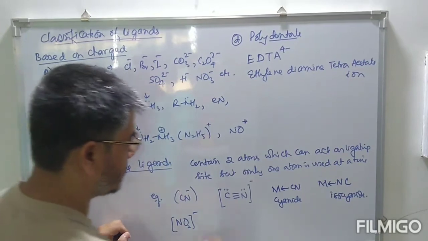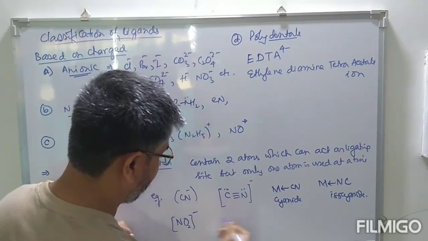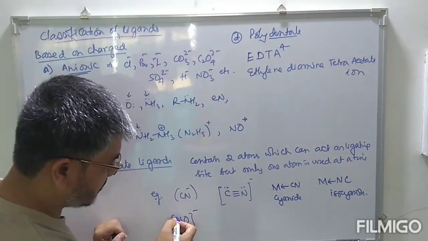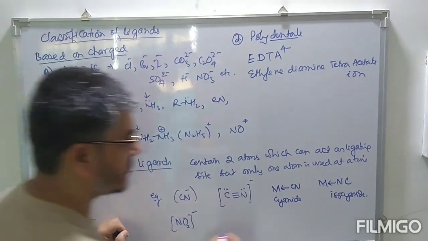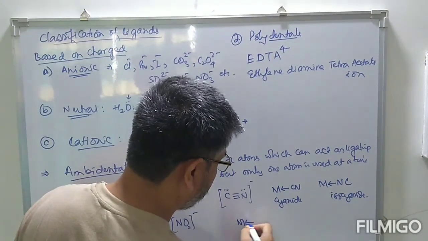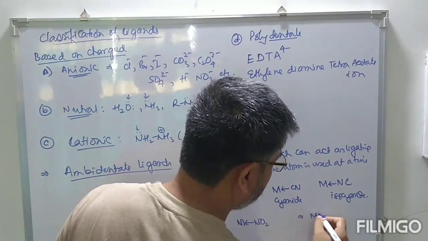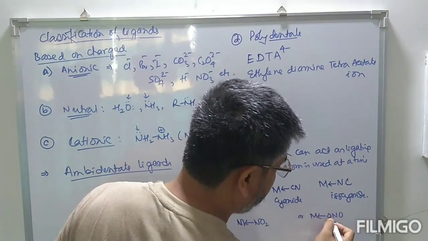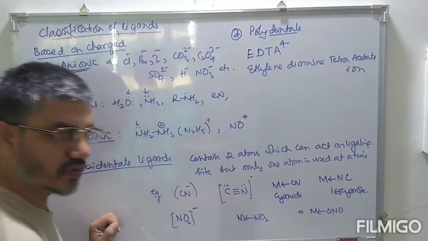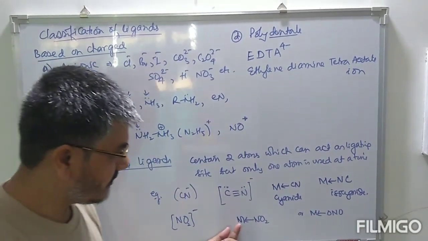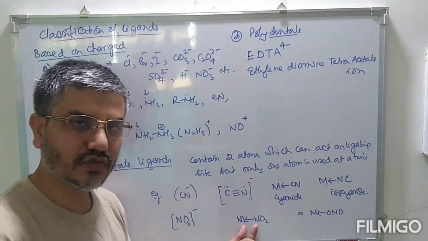Similarly, we can have NO2 minus. Bonding can be through oxygen or bonding can be through nitrogen. So we have M-NO2 or M-ONO. M bonding to nitrogen, nitro.